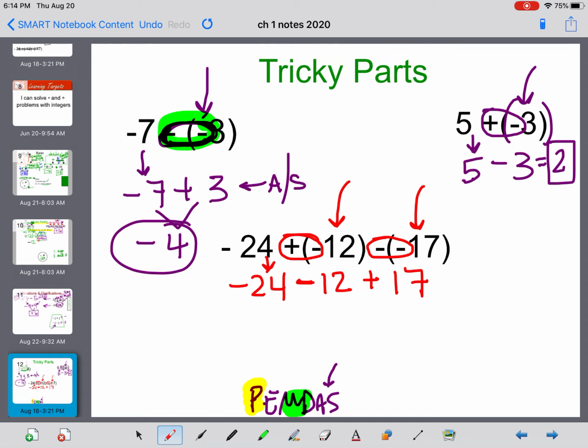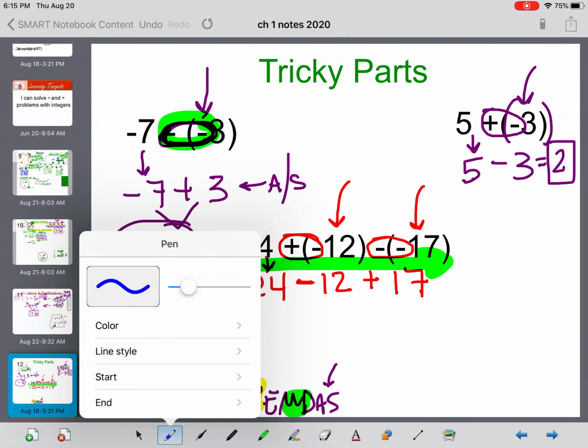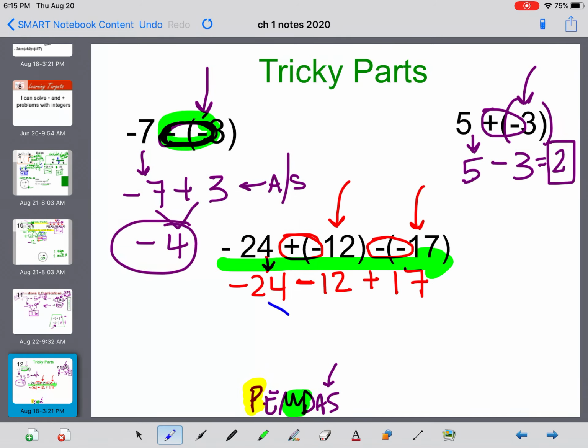Okay. So once I'm done with that, then all I have to do is the addition and subtraction. And again, I'm just going to work from the left side to the right side. So I'm going to change colors again. I'm going to take the -24 and combine it with the -12. This is a party. They're both negatives, so it's going to stay negative. And then 24 minus 12 more is going to be 36.